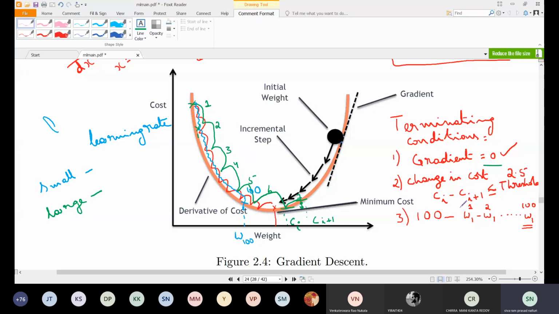And the most easiest terminating condition is, okay, whatever I will do only 100 iterations. I will do computation only for 100 iterations. 100 iterations తర్వాత వెయిట్ ఎంత వస్తే నేను అంతే, అదే నేను బెస్ట్ మోడల్ అని అనుకుంటాను.